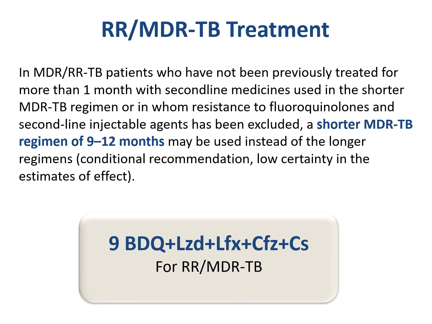In MDR-TB patients who have not been previously treated for more than 1 month with second-line medicines used in the shorter MDR-TB regimen, or in whom resistance to fluoroquinolones and second-line injectable agents has been excluded, a shorter MDR-TB regimen of 9 to 12 months may be used instead of the longer regimens.